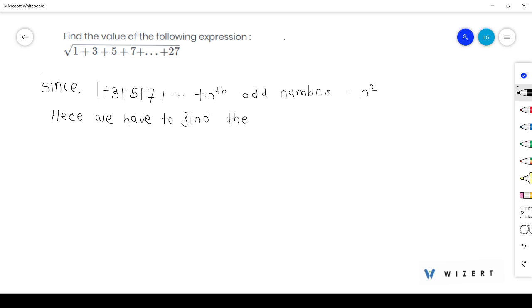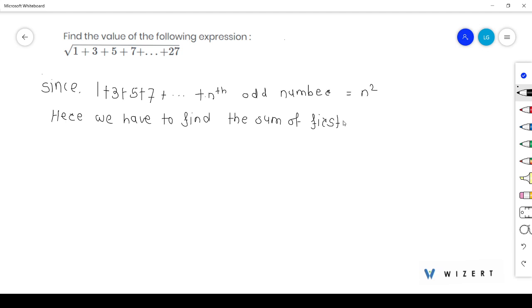the sum of first. As there are this 1 plus 3 plus 5 plus and so on plus 27, so there are 14 terms.